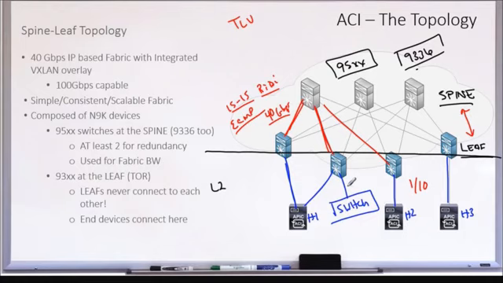We're also going to have the 9300 typically fixed switches that are going to be acting as our leaves. And these are typically going to be what we refer to as the TOR, or top of rack switch. So these are going to be the guys that we actually hang clients off of. Okay, so when we have servers, when we have other switches, we're going to be connecting those guys to those leaf nodes.